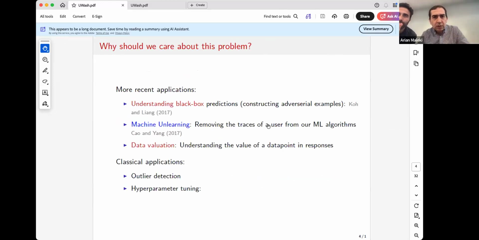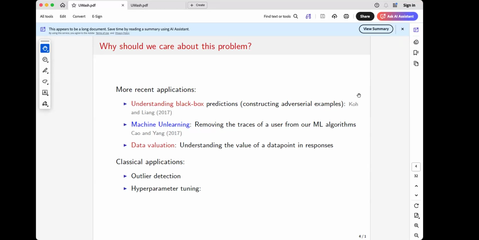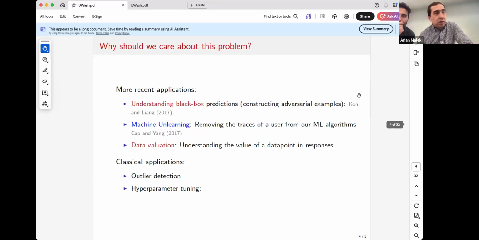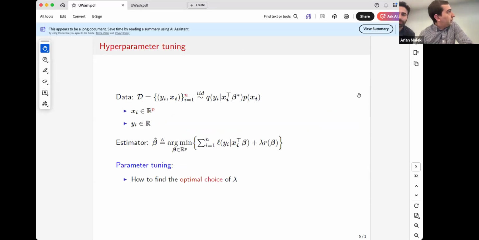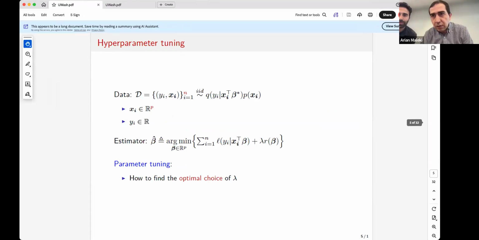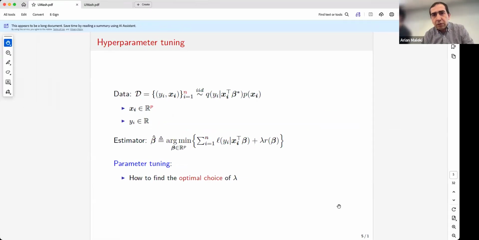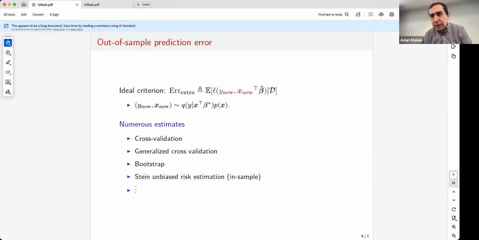Why was it not showing? I'm not sure. Can you see slide 4 now? Yes, we can see. Maybe I'll make this big. Sorry about that.